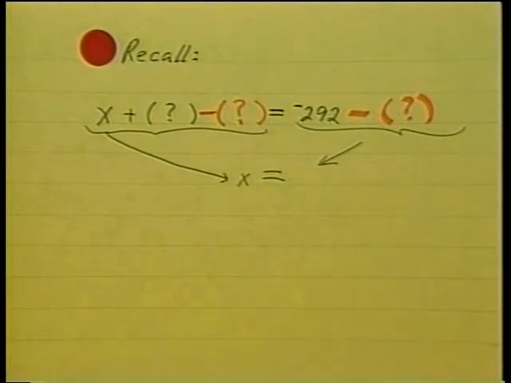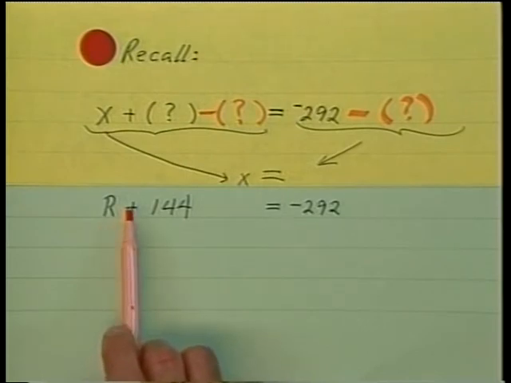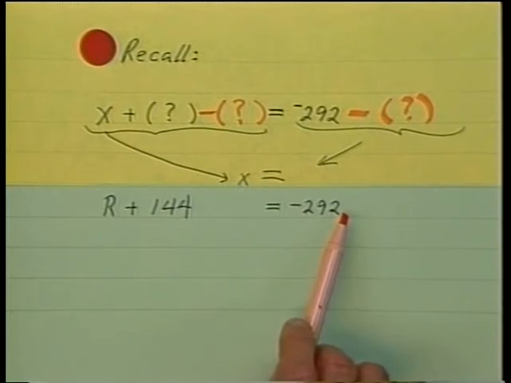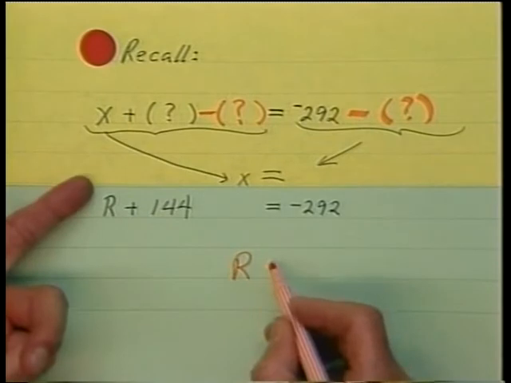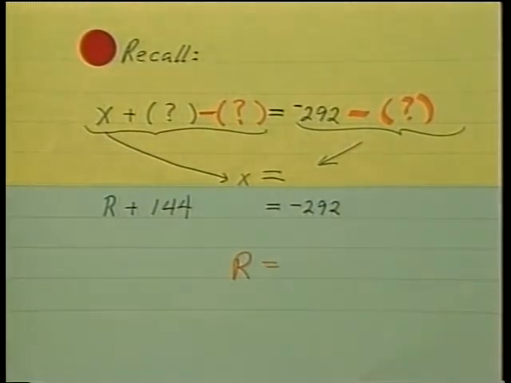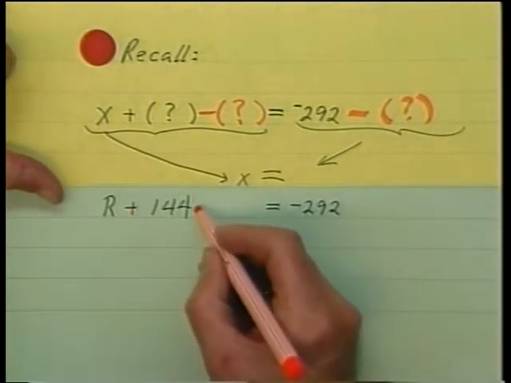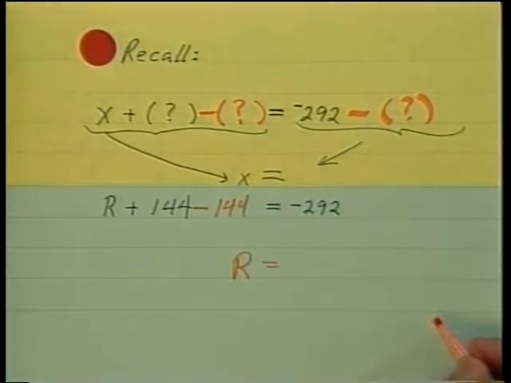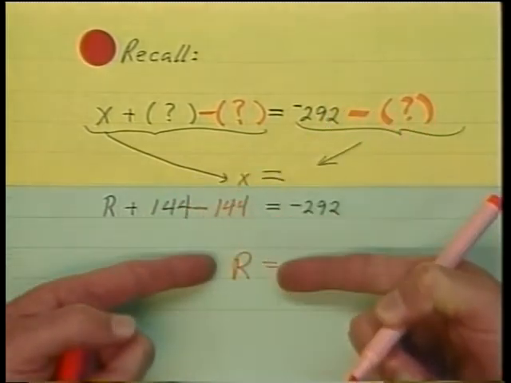An example. Here we're saying some number, and that's what a variable stands for, simply the phrase some number, added to 144 is the number negative 292. To solve for that means what is the replacement for the variable that would make this sentence true. Well, we've learned from the statement up here that to undo adding, we subtract, in this case 144, so this undoes that, getting me down to simply a single r.